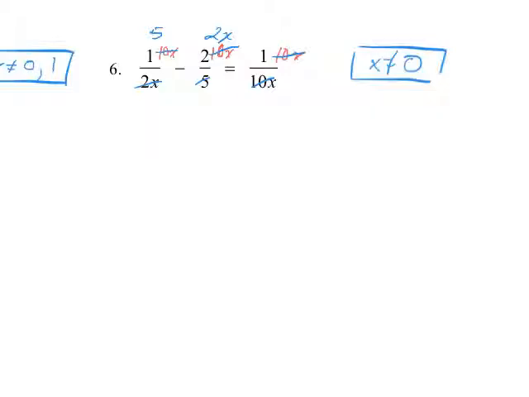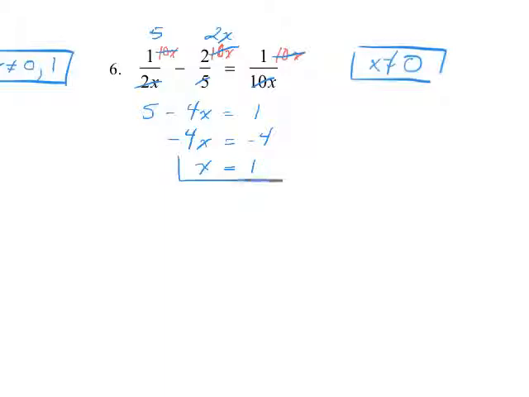So we'll multiply the 1 times the 5 to give me a 5. The 2 times the 2x will give me a 4x, and on the right hand side we'll have a 1. Isolating the 4x by subtracting a 5 on both sides gives me negative 4x equals negative 4, so x is equal to 1.